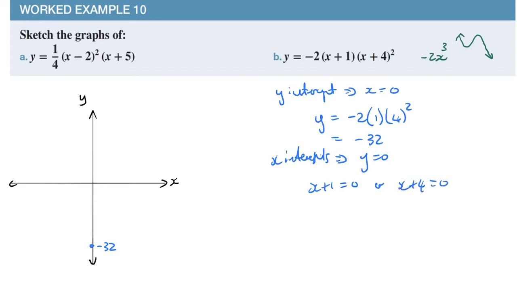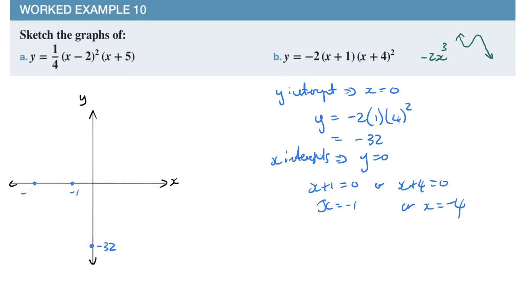So it's going to be either this one equals 0 or this thing equals 0. And for that to be the case, x will equal negative 1 or x will equal negative 4. So at x equals negative 1 and x equals negative 4.